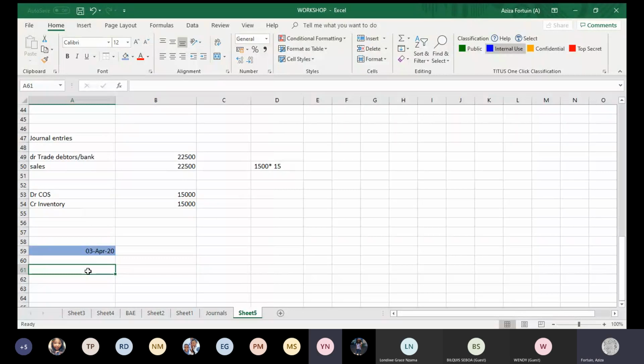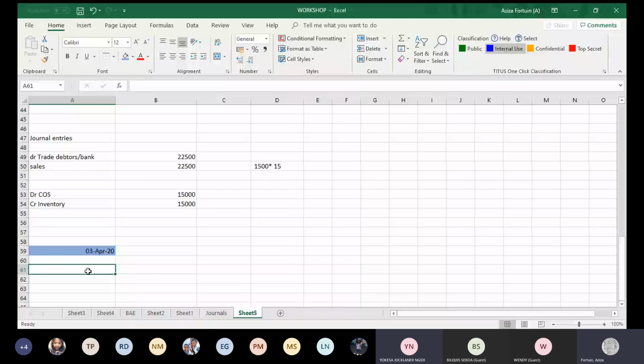Are we there? Can you hear me? I can hear you. On the 3rd of April, we purchased 12 units at 1,030 Rand each. Like I mentioned before, this means we are buying from a supplier.